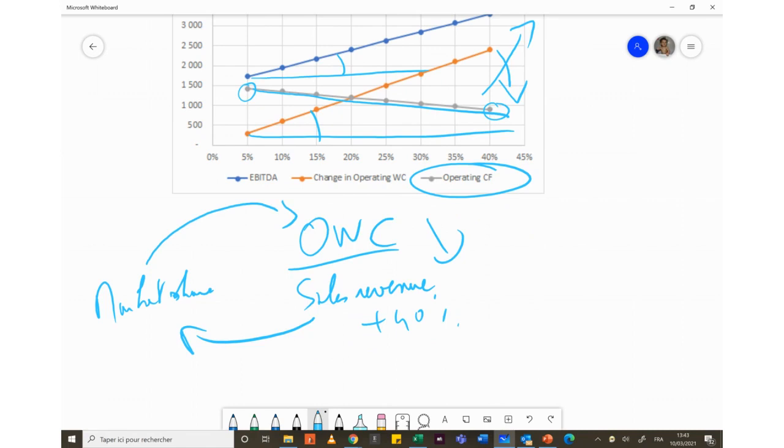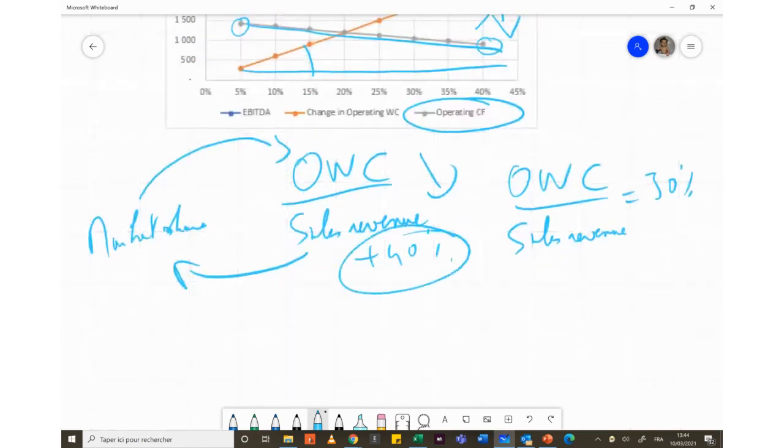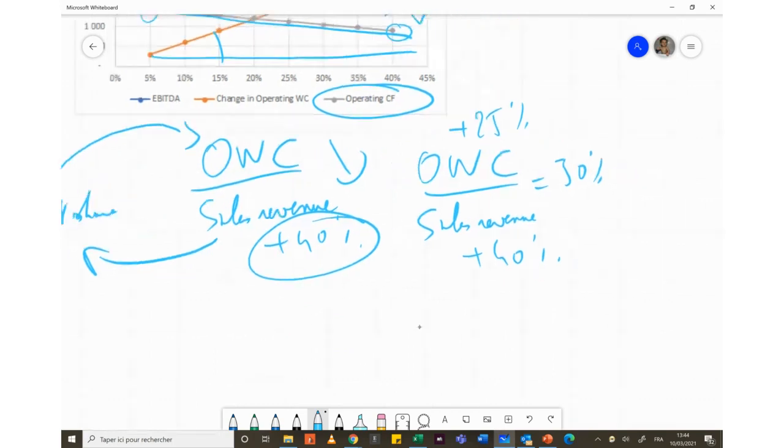So the operating working capital represents, for instance, at the beginning, 30% of the sales revenue. Because of the increase by 40%, you increase more this one than this one. So you reduce the 30%. So for instance, now it's no more 30%, but only 24%.